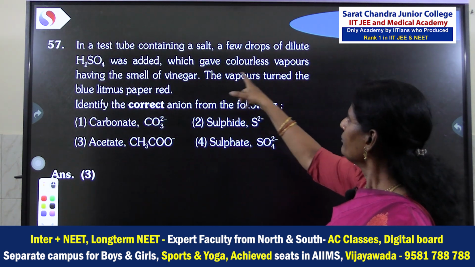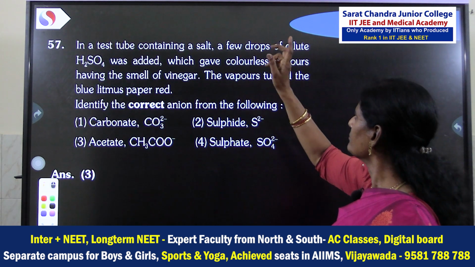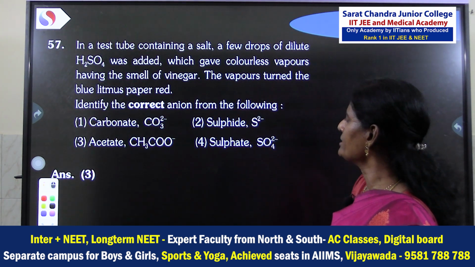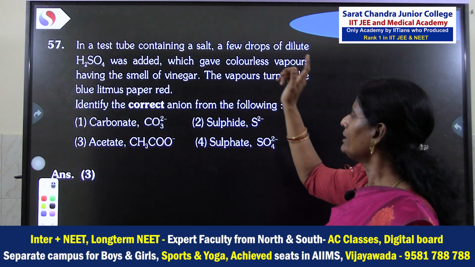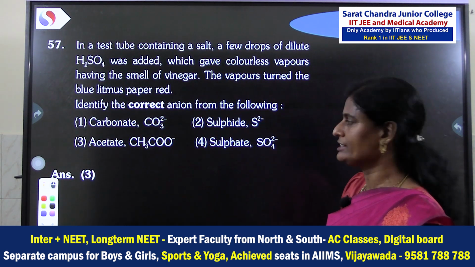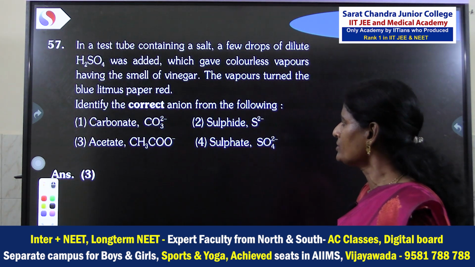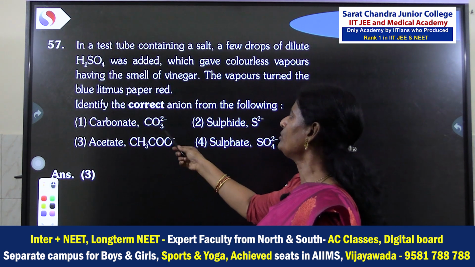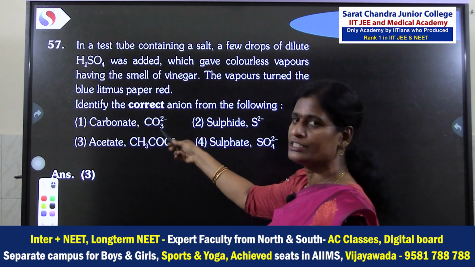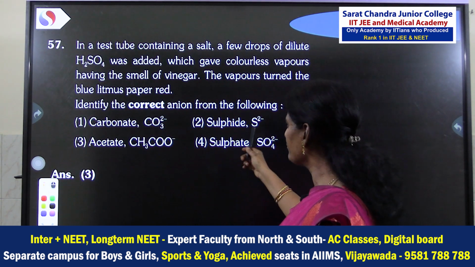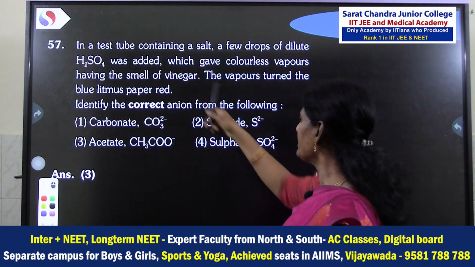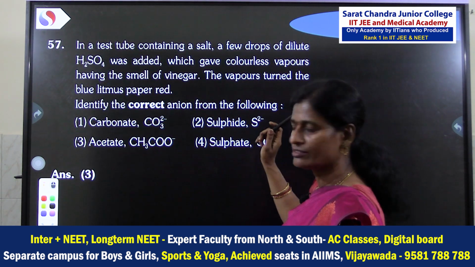So when a salt is treated with dilute sulfuric acid, which anion gives a vinegar smell? Carbonate is not able to give a vinegar smell, because when treated with dilute acid it gives carbon dioxide gas. When sulfide ion is treated with acid, it gives H2S gas.